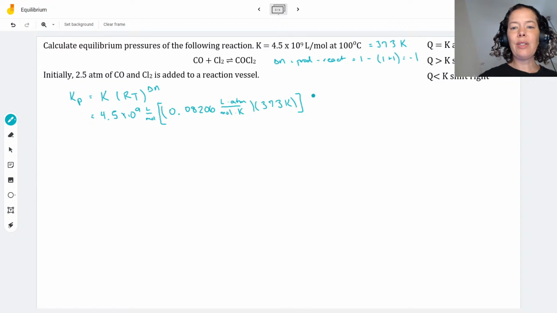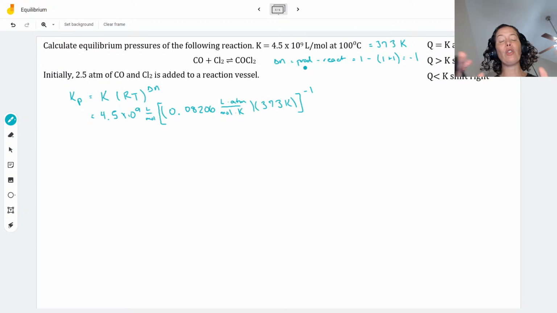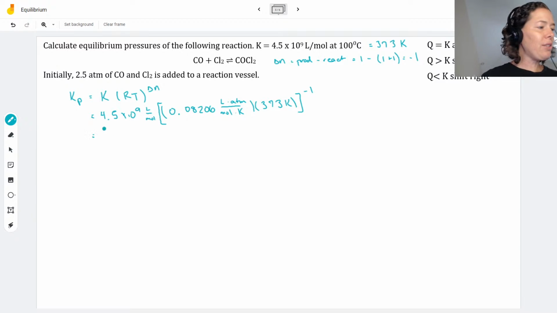This is to my delta N, which I calculated up here, to the -1. So you know that first we're going to multiply in the brackets, and then we are going to take the inverse. So again, this is where knowing your order of operations is also really important when you're doing all of this math. Okay, so let's just slog through this a little bit.